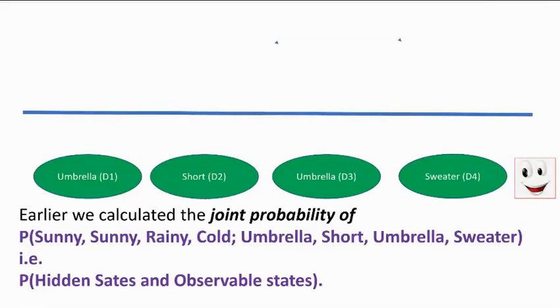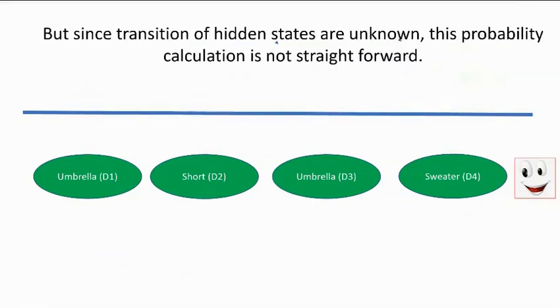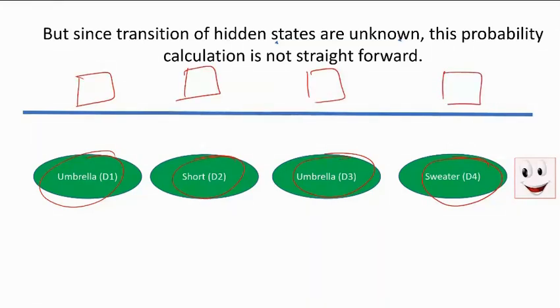Now earlier we calculated the joint probability, that is of hidden state and observable state. But since the transitions of hidden states are unknown, this probability calculation is not straightforward. So when you just see umbrella, short, umbrella and sweater, what was the day here? This is not seen by this person.